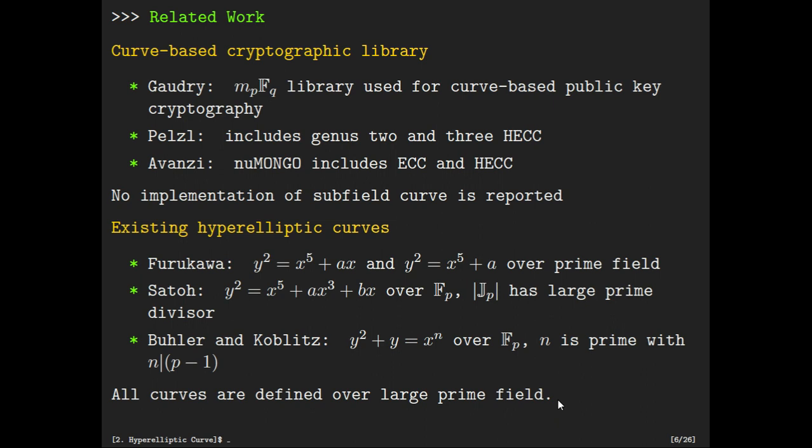Buhler and Koblitz proposed such an algorithm for special types of curves: y squared plus y equals x to the power n over large prime fields F_p, where n is an odd prime with n dividing p minus 1. All these curves are defined over a large prime field. So no family of subfield hyperelliptic curves exists, as per our best knowledge.